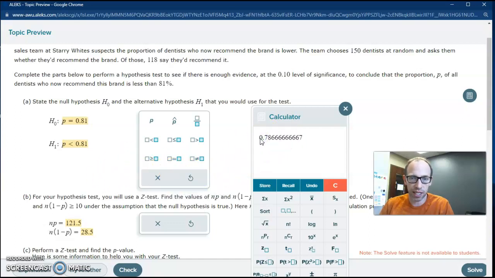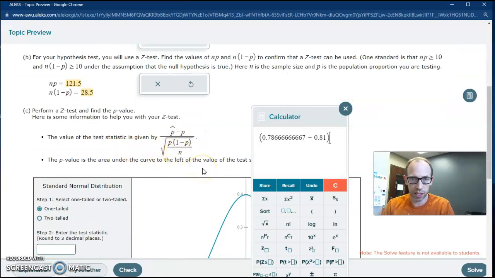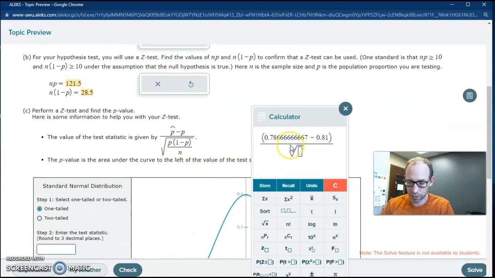So we're taking that number minus our null hypothesis proportion, which is 0.81. Then, going back to that formula, we're dividing by the square root of p, which is 0.81, times 1 minus p, 0.19, divided by our sample size of 150.